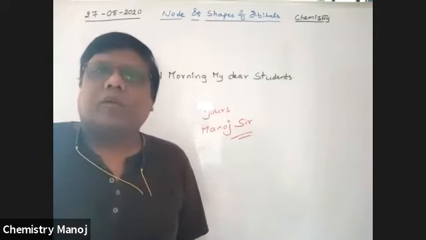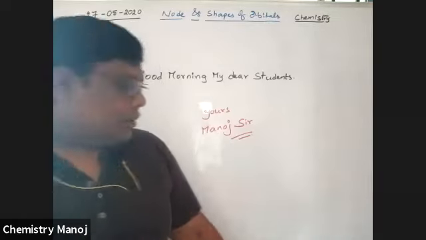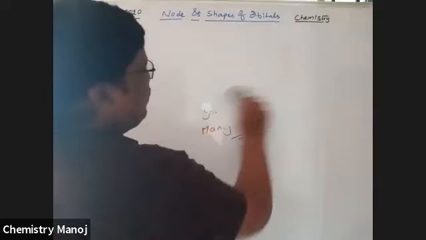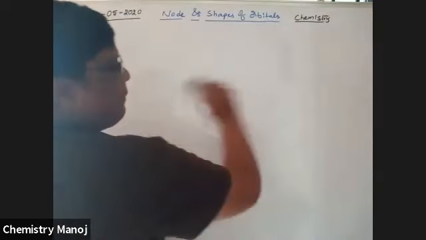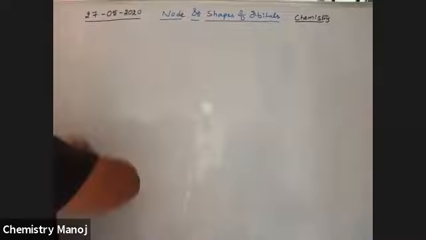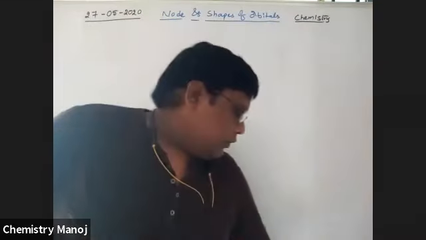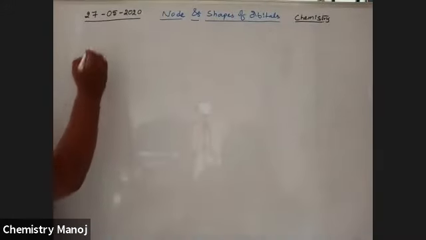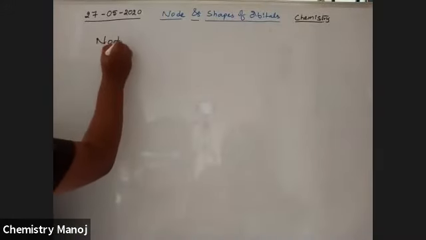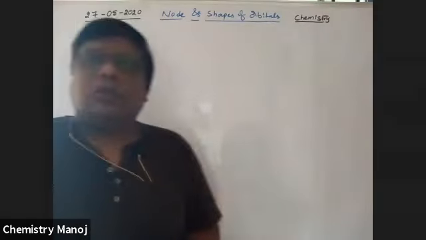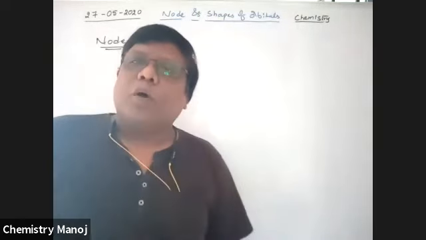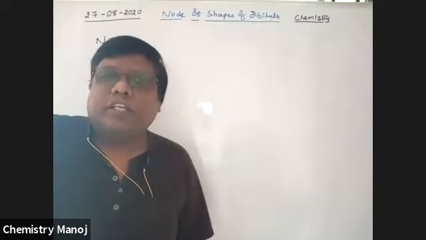Okay, so see here. First of all, I am going to discuss nodes. What is this node? Node is nothing but where the probability of finding an electron becomes zero.